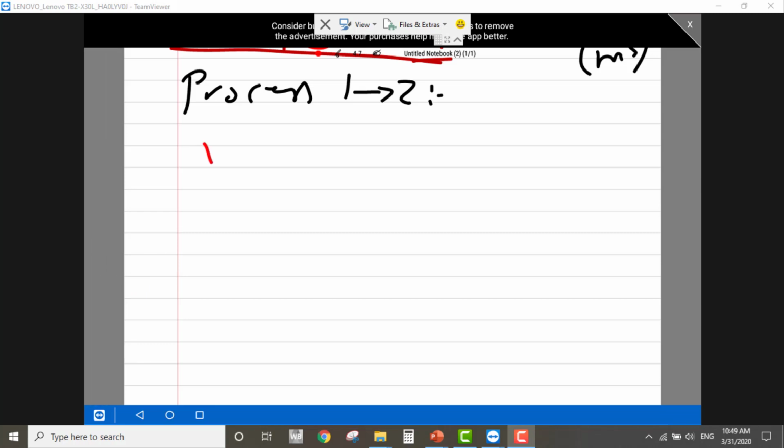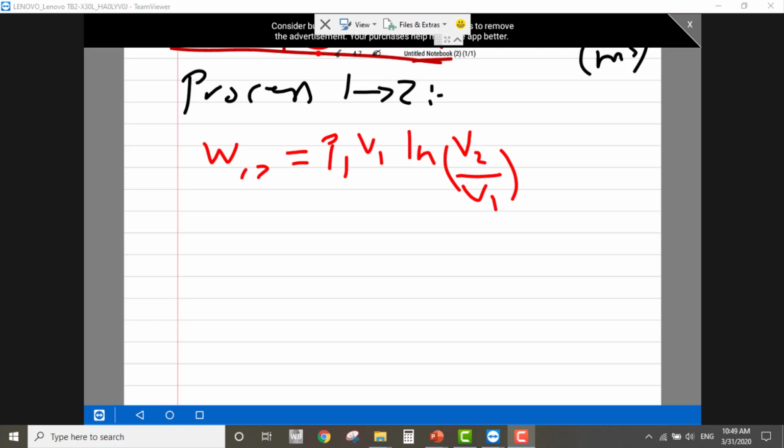Then work from 1 to 2. This is an isothermal process, PV equals constant. So the work equals P1V1 ln of V2, final state, divided by initial state.